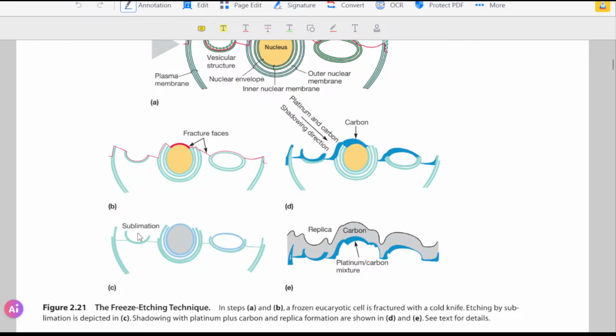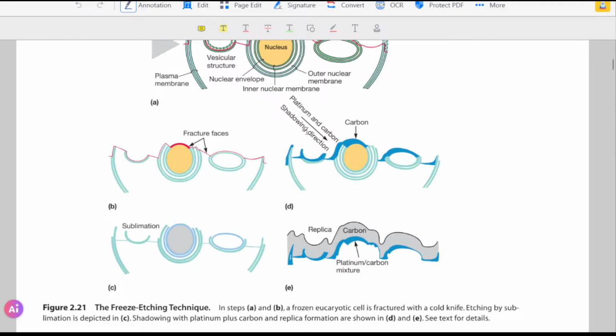Now when you are done with the covering, you leave it to sublimation. Fractured faces means because the cells were frozen, that's why fracture is used. And then sublimation, we leave it for a little bit of time for warming up so that the ice is sublimated, means directly converted into gas, so our surface is more apparent.